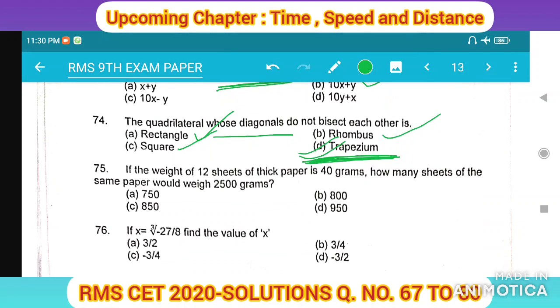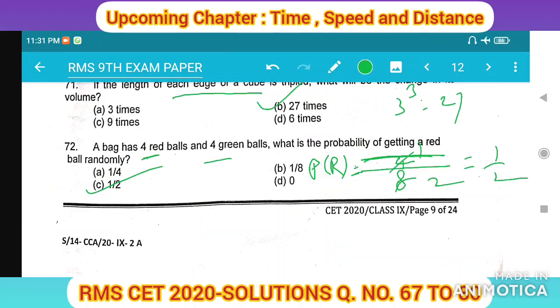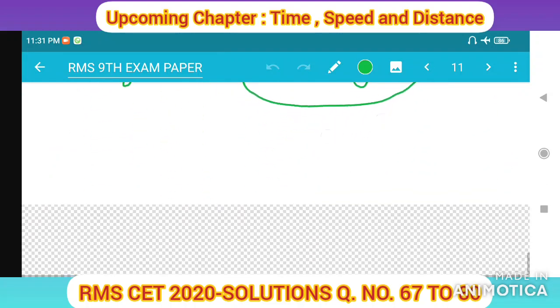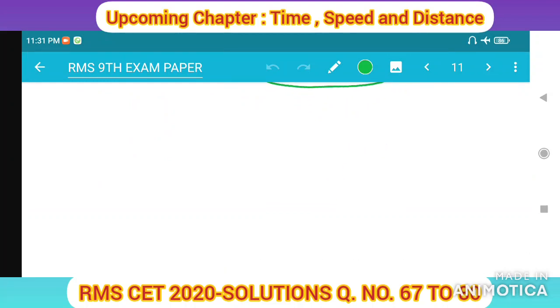If the weight of 12 sheets of thick paper is 40 gram, how many sheets of the same paper would weigh 2500 gram? This can also be solved using the unitary method. Most of the questions come from unitary methods. 12 sheets is 40 gram.